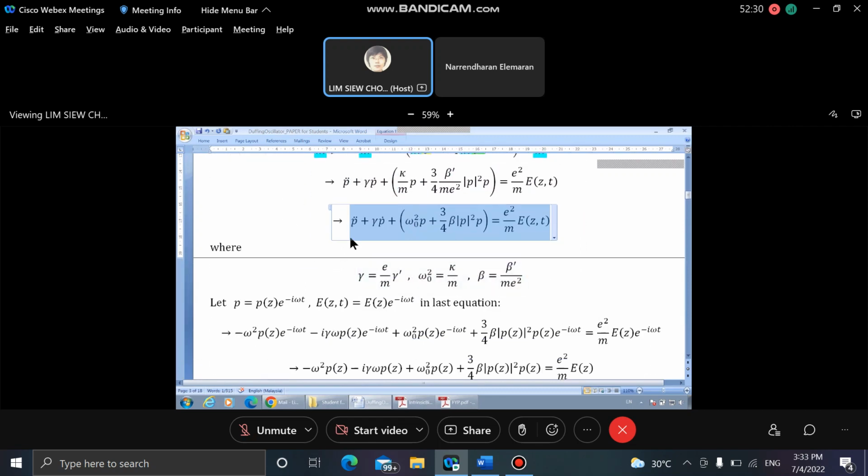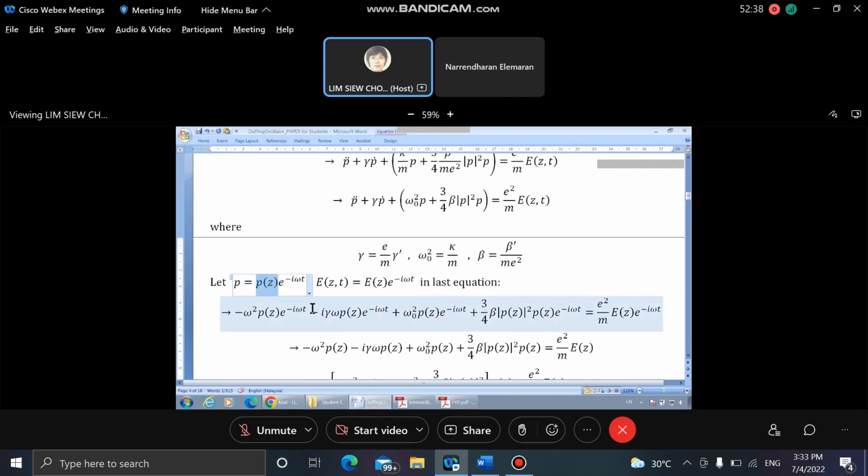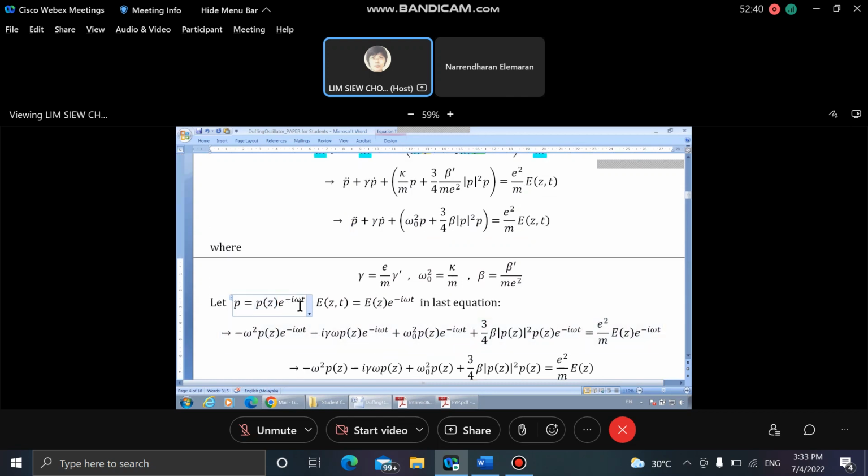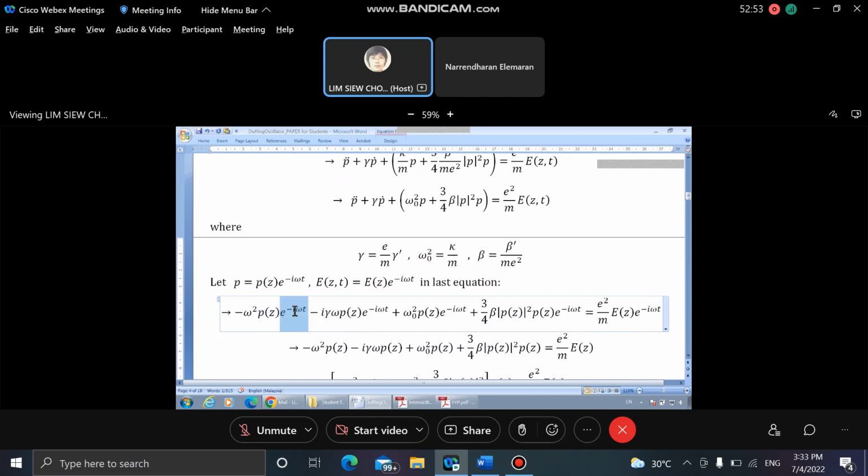So we can simply substitute all the P with this P. Okay. So if you take the time derivative of this P, so you have the P function of Z. This time factor, you take the time derivative of this time factor, you have minus omega squared.